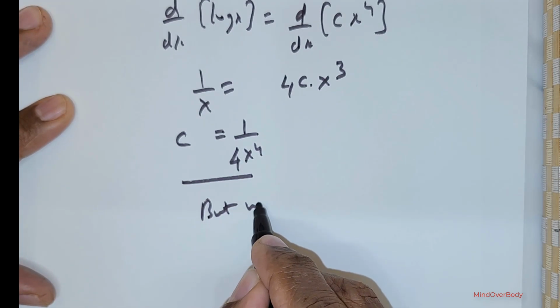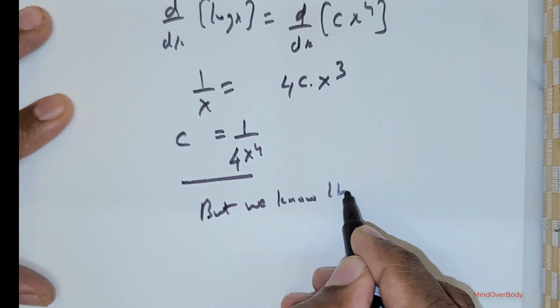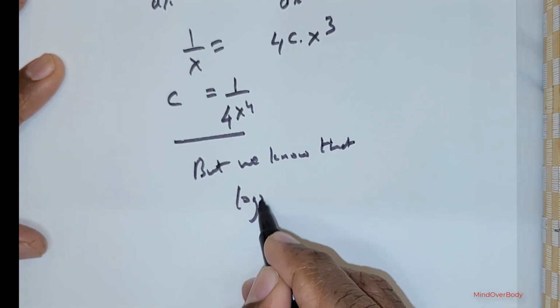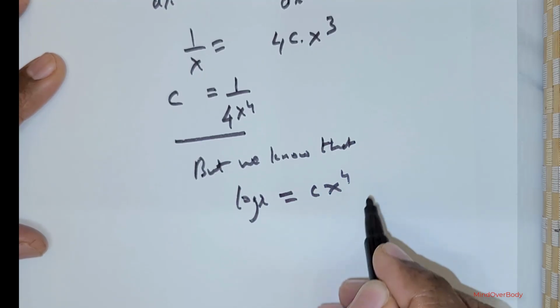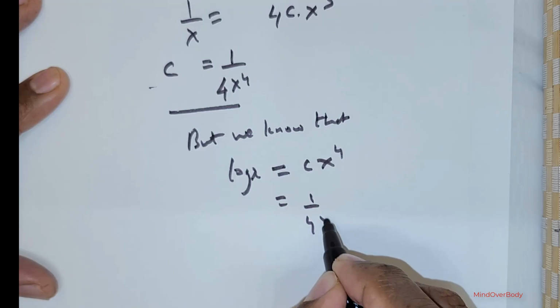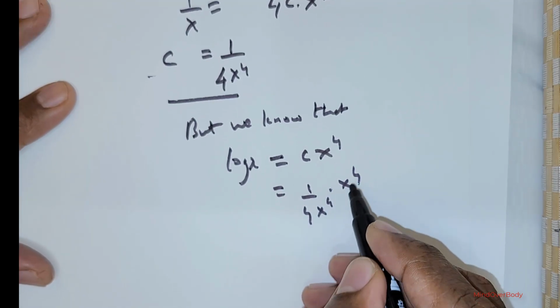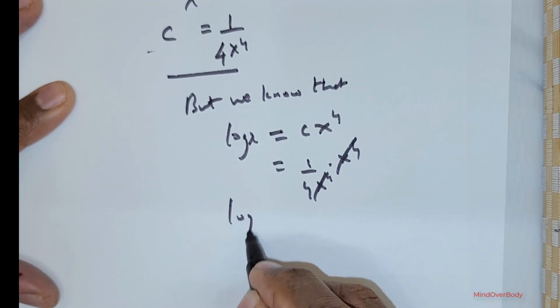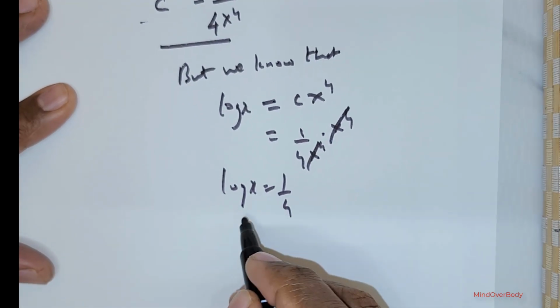But we know that log x is equal to c times x raised to the power of 4. I substitute this, so this is going to be 1 over 4 times x raised to the power of 4, times x raised to the power of 4. So they get cancelled, and I get log x is equal to 1 over 4.